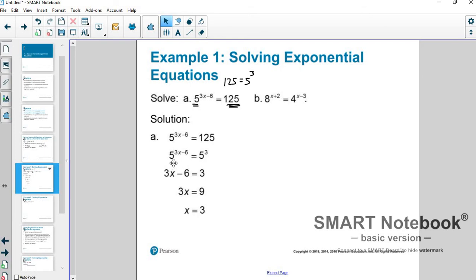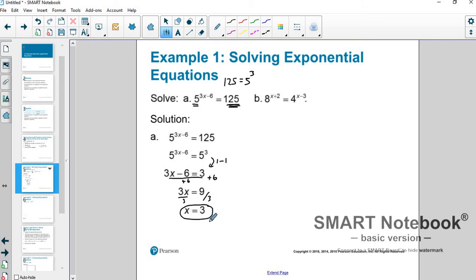Since 5 to the 3x minus 6 equals 5 to the third, the one-to-one property allows us to set the powers equal to each other, add 6 to both sides, and then divide both sides by 3. And you get x equals 3. Unlike the logarithmic equations, you do not have to check the domain on these answers because the domain of exponential functions is all real numbers. So if you solve it properly, you're good.